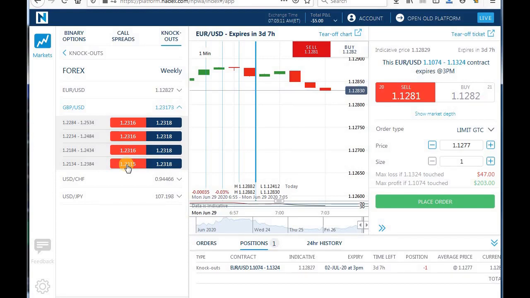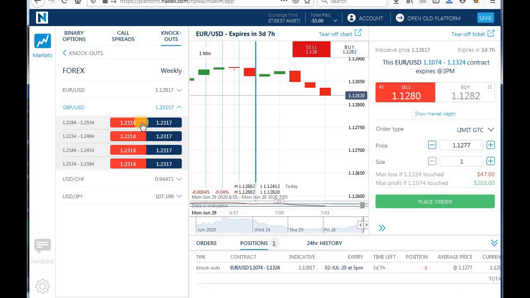Most of the time for me, just personally, I'm going to click this one when I'm selling, and then I'm going to click this one when I'm buying, because if I'm selling, I want to be on the lowest with the most potential downside and the least potential upside against me.